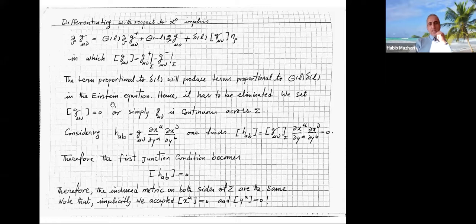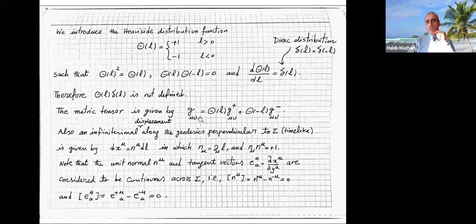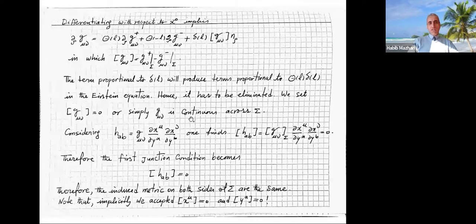Now, as I said, from the definition of g_μν, we didn't say anything about whether g_μν is continuous or not. So what we do is take its derivative with respect to a coordinate like ∂_ρ. By taking the derivative of g_μν with respect to ρ, we have, of course, the ordinary terms, which are the derivatives of g⁺ and g⁻ multiplied by the corresponding theta.